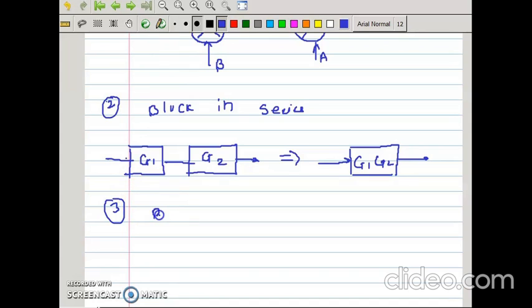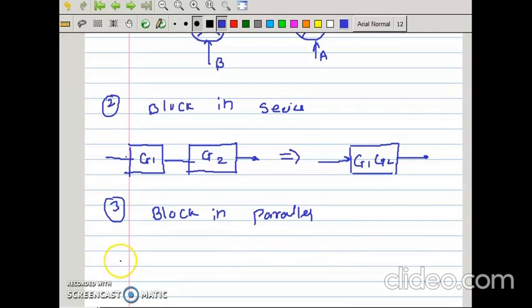Rule number 3. If blocks are in parallel, okay, like suppose there are two blocks. First block is G1, second block is G2. Okay, like this.